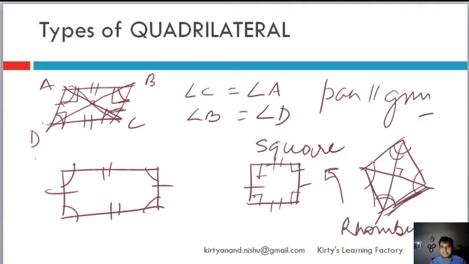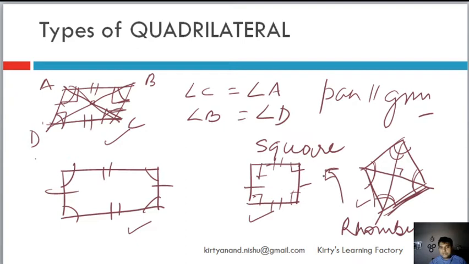Opposite angles are equal, but all four sides are parallel and equal to each other. That's a rhombus. So that is the interplay between parallelogram, rectangle, square, and rhombus.